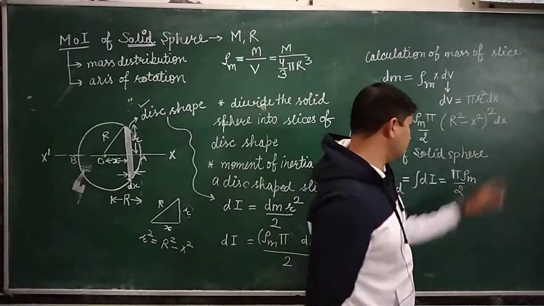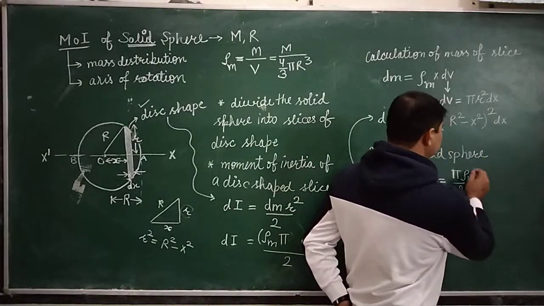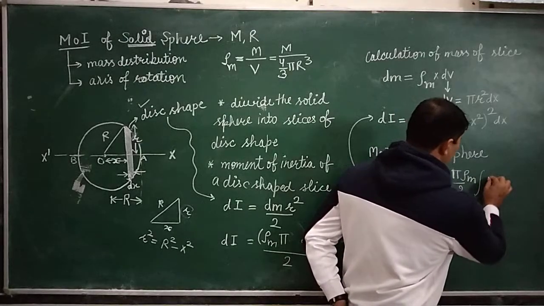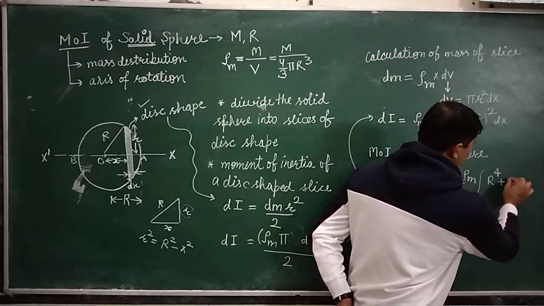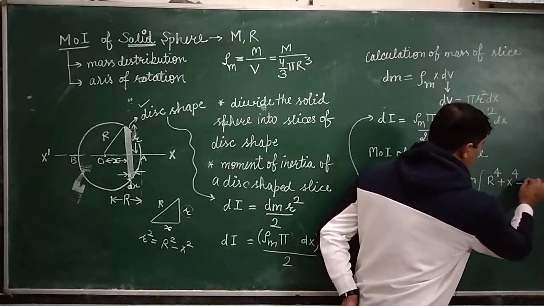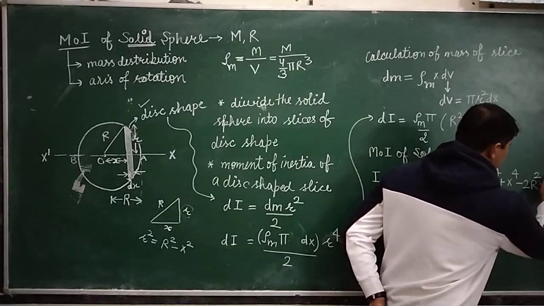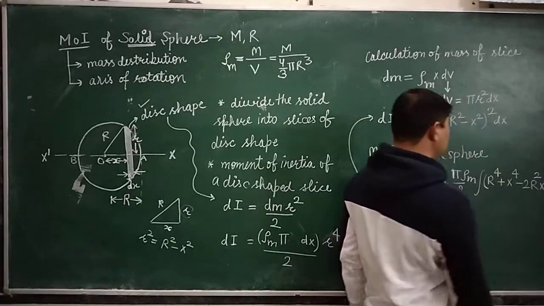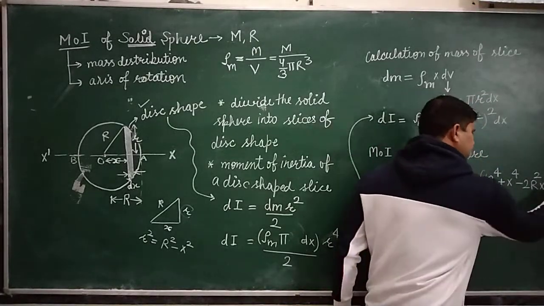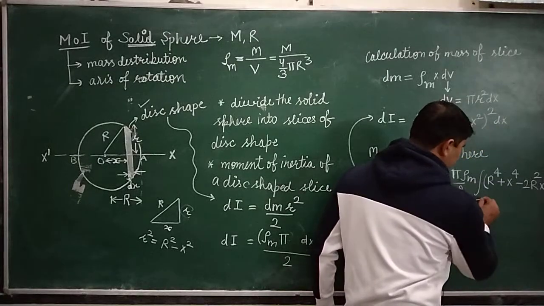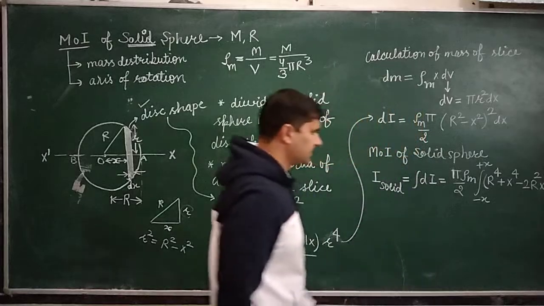So write dx here, and if you open this formula, then you will get r raised to power 4 plus x raised to power 4 minus 2 r square x square within the bracket, and then dx. The limits of integration are from minus x to plus x.